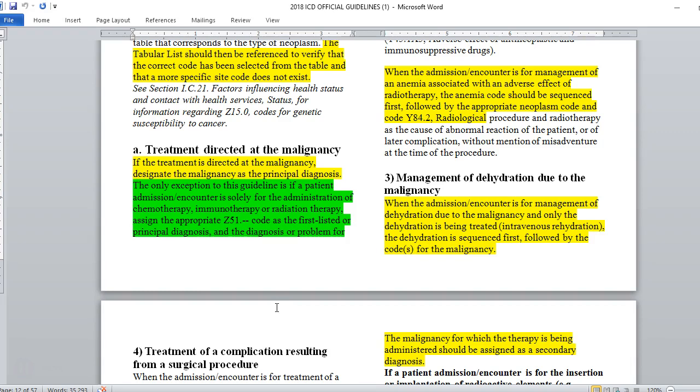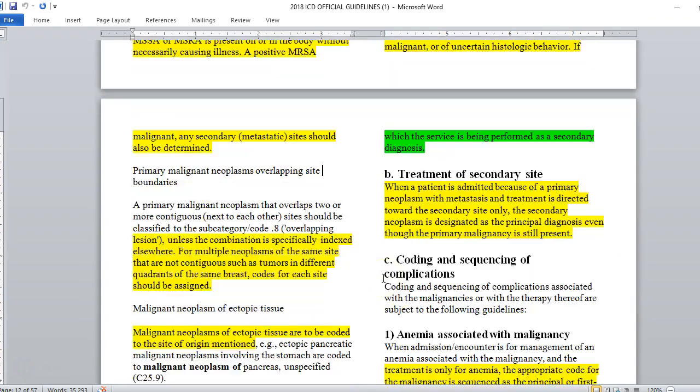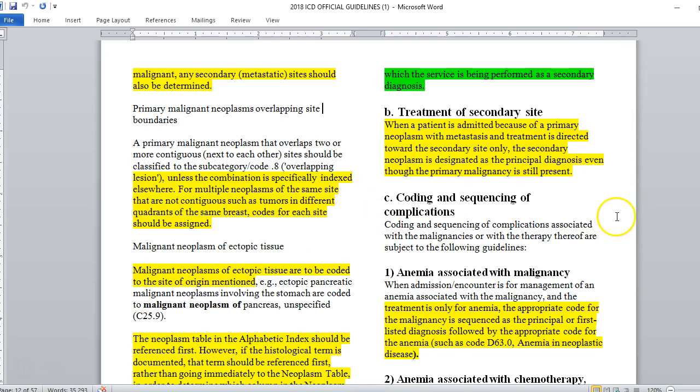The only exception to this guideline is if a patient has an admission solely for the administration of chemotherapy, immunotherapy, or radiation therapy. Assign the appropriate Z51 code as first listed or principal diagnosis, and the diagnosis or problem for which the service is being performed as a secondary diagnosis.